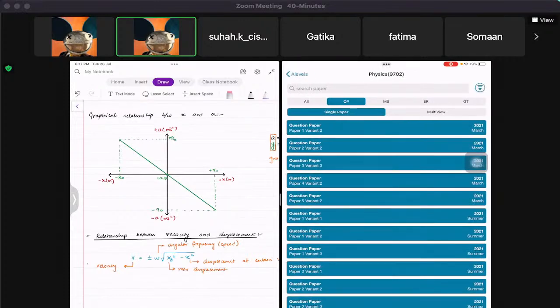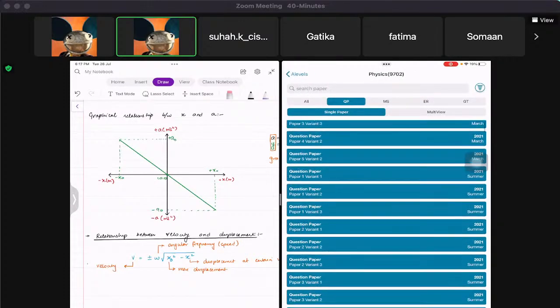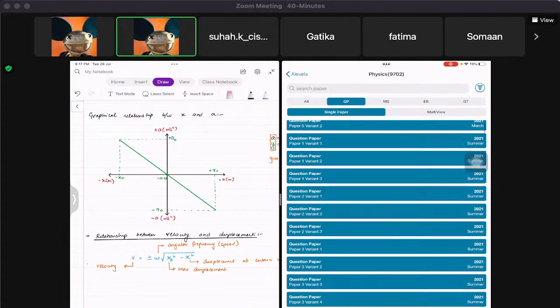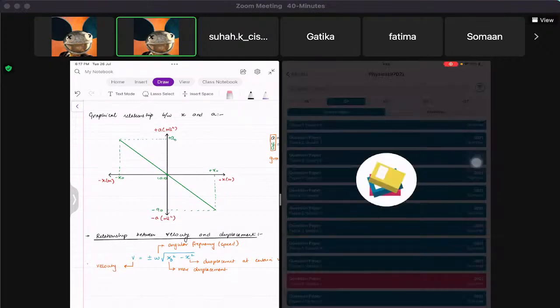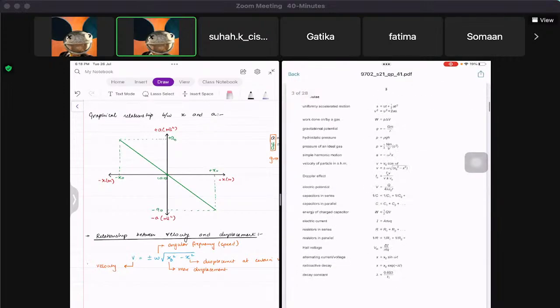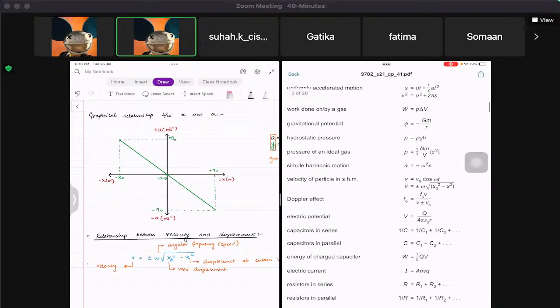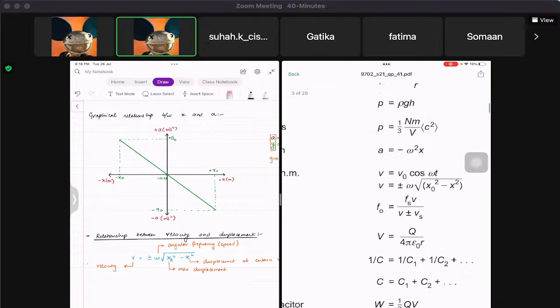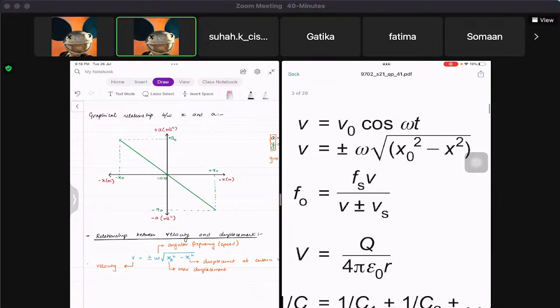When you open any paper, well, let me open, okay, this one. You will see in the data sheet, this formula is already given, and you see velocity of particle in SHM here, and the formula is given, v equals plus minus omega root of x naught squared minus x squared.